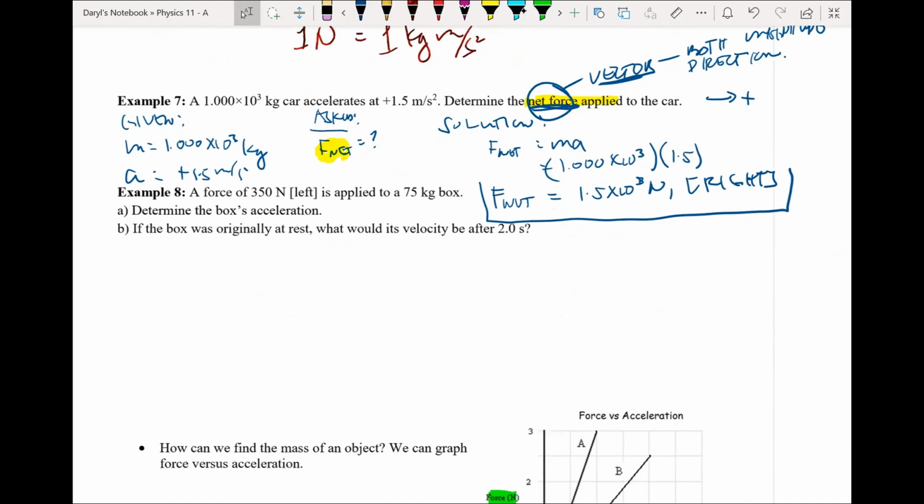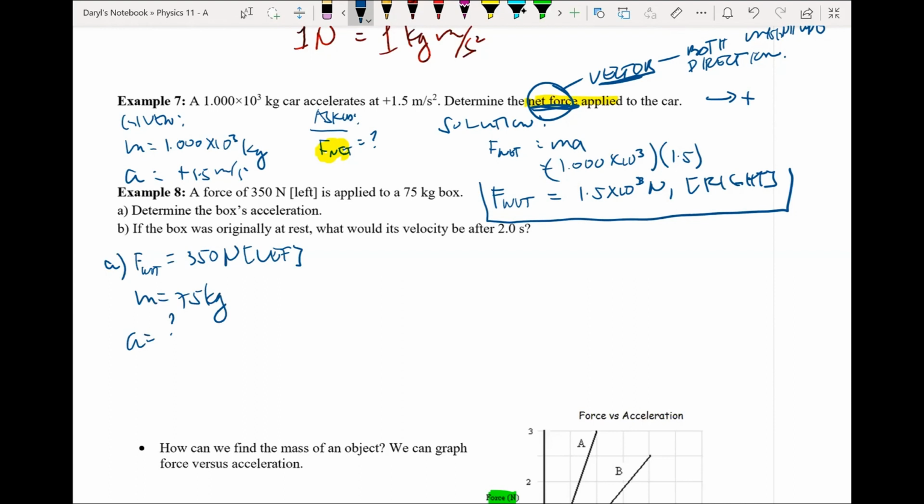For letter A, the acceleration: you're given F net, 350 Newtons to the left, and the mass is 75 kilograms, and A is the unknown.